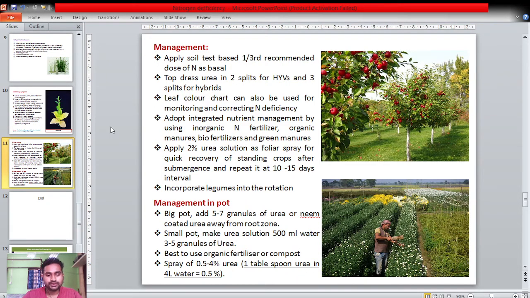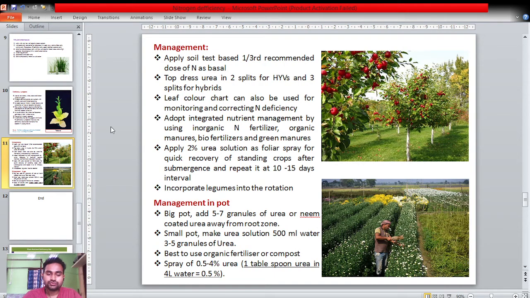And the last and quick response for the plant is to spray. You can spray 0.5 to 4% urea, as we have discussed earlier. The 4% is for big trees, and for small plants we can use 0.5%. For 0.5% urea, we can take 1 tablespoon of urea and add it to 4 liters of water.